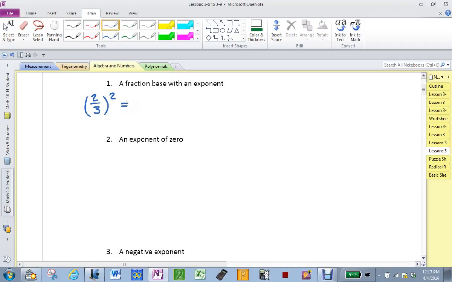What does that mean? 2/3 times 2/3, which is 4/9. Right? It is also, thinking back to the law we just had, isn't this 2 going over brackets? So it goes to both of them. 2 squared over 3 squared. Everybody cool with that?